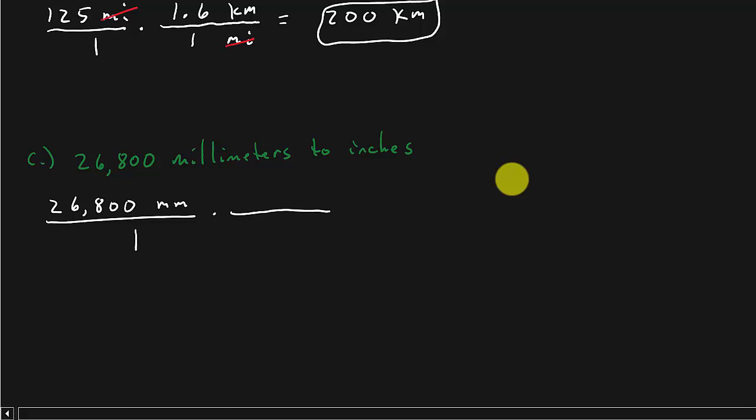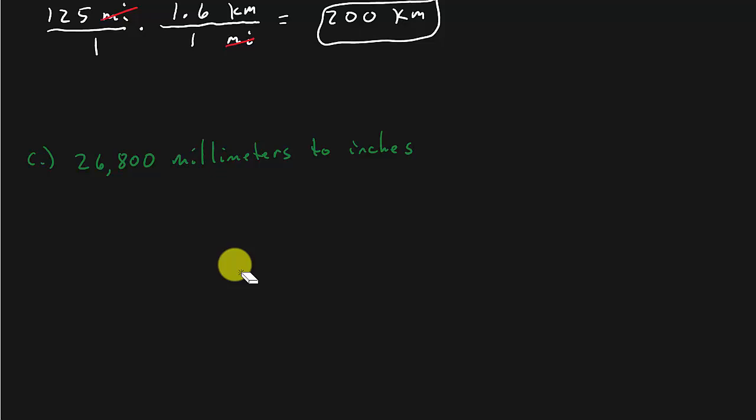But what else do we know? Well, let's look at this. So starting out, it's not working out for us real good right now. So let's go ahead and just erase this and think about it. I don't have anything getting me from millimeters to inches, but I do have something from centimeters to inches.